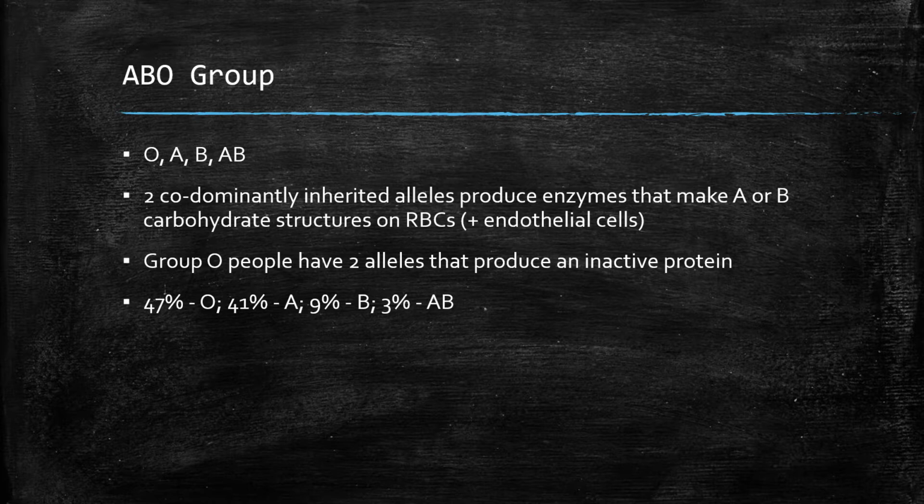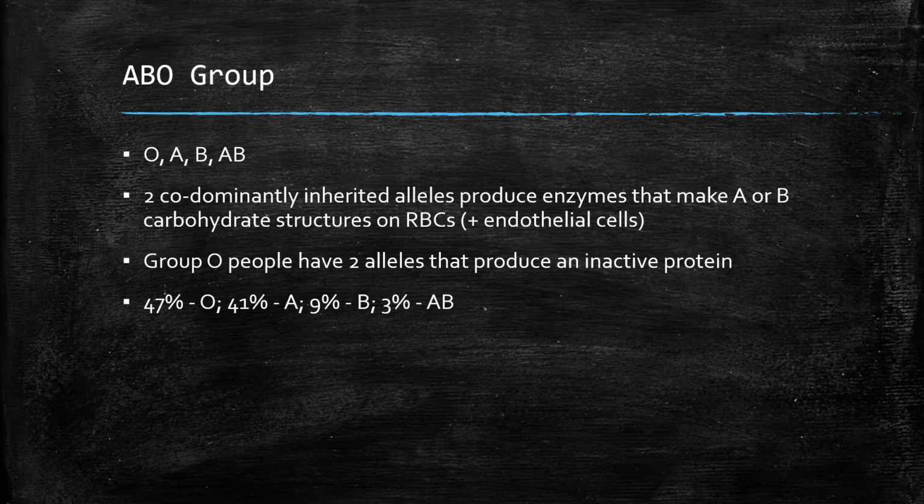Now we inherit 2 codominant alleles, and each of these alleles produces an enzyme that goes towards constructing an A or B carbohydrate structure on red cells, and, I would say parenthetically, on endothelial cells as well. And this is why correct ABO matching is imperative in the transplant world, along with HLA matching.